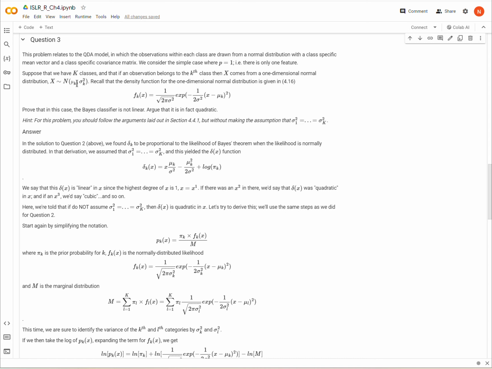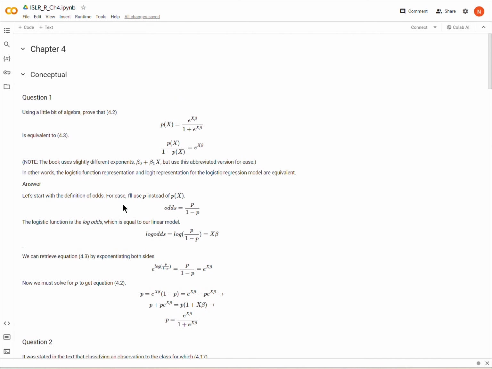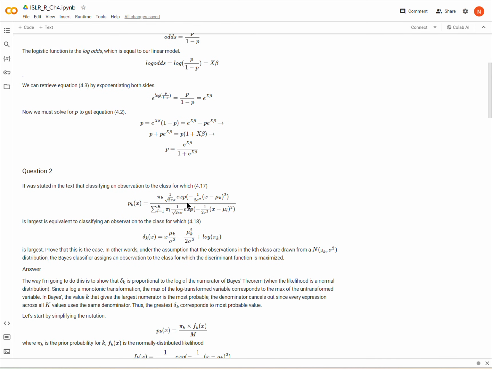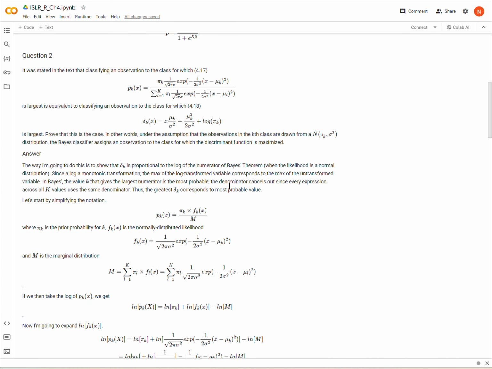Okay, so let me just pause this for a second. Okay, so again, the quadratic discriminant analysis differs from the linear discriminant analysis here, or no, I'm sorry, here. Okay, so in linear discriminant analysis, which I'm going to scroll back up for, we have that the variance parameter is the same among all of the k classes.